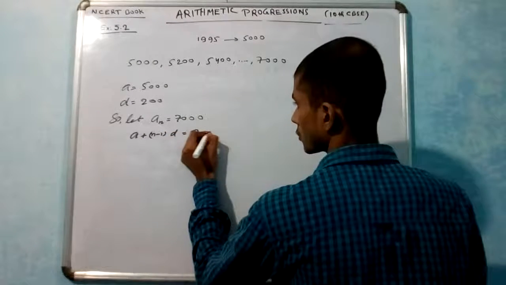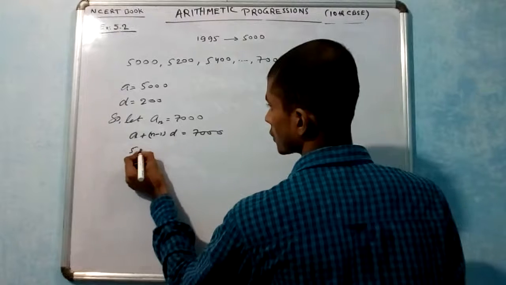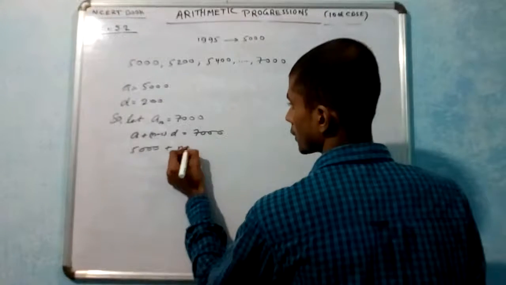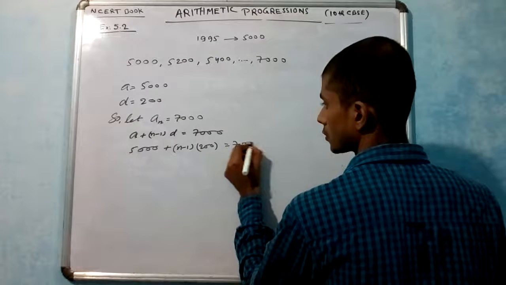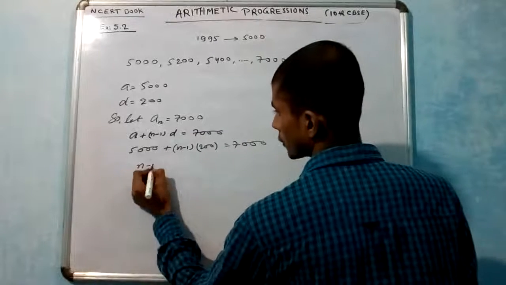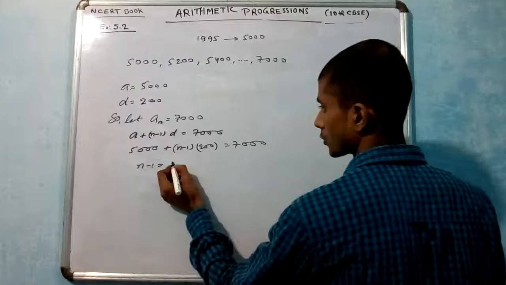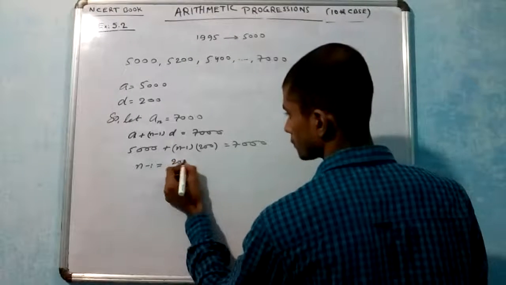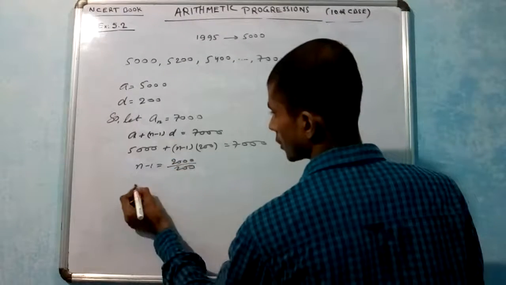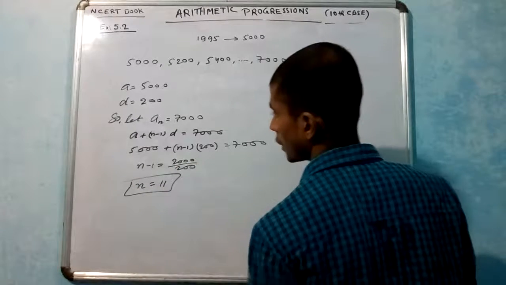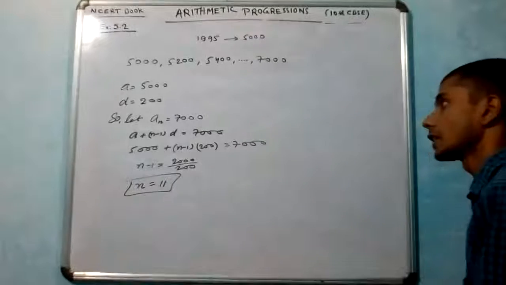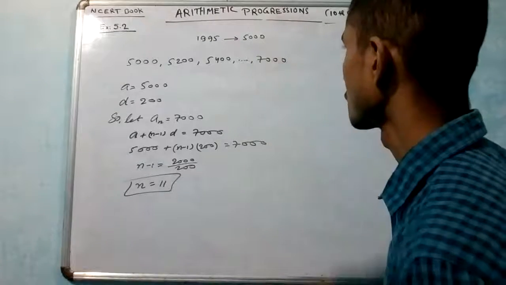So A is 5,000 plus N minus 1 as it is, D is 200 multiplication, and then 7,000. So N minus 1 is equal to 7,000 minus 5,000, that is 2,000 by 200. So n is equal to 11. So in the 11th year he will get 7,000. This is A11.